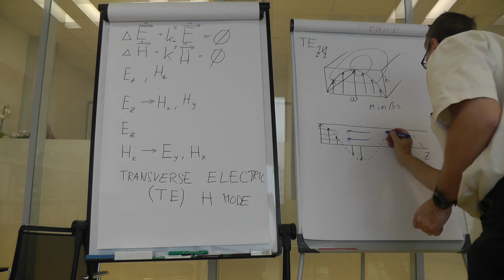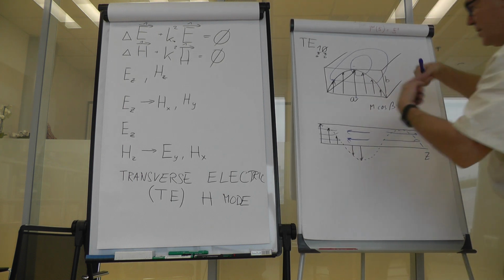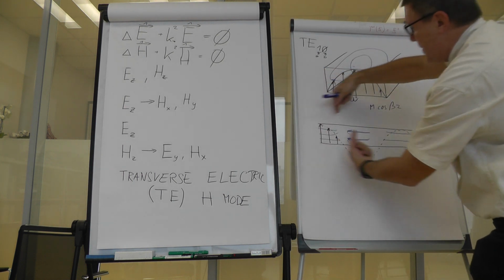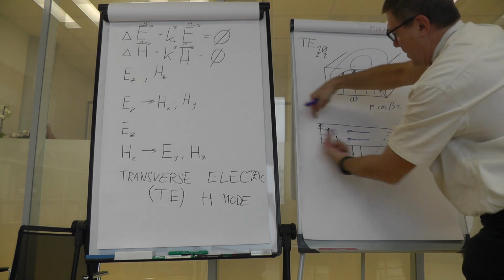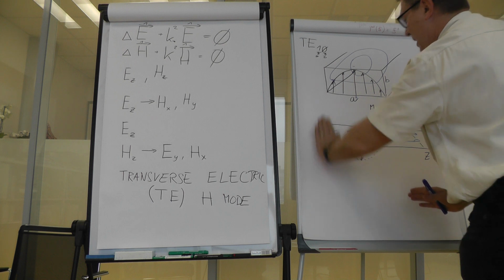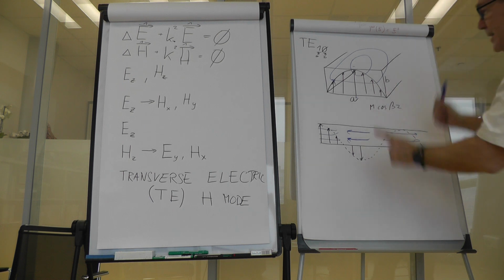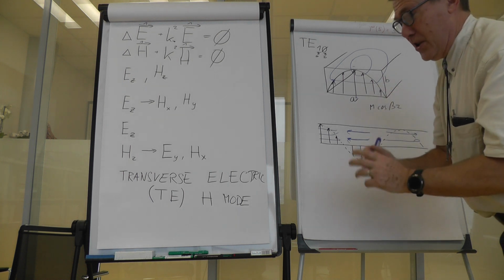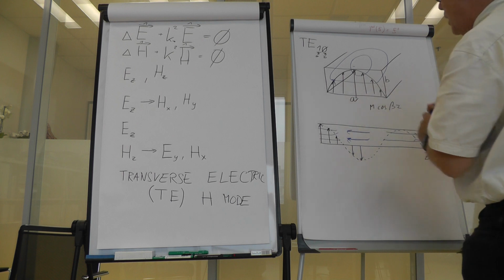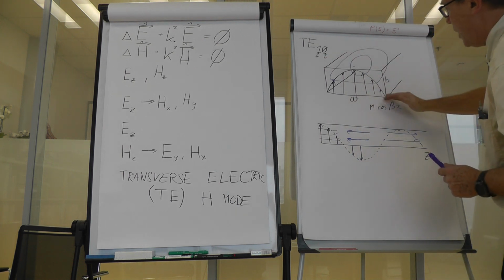And of course it's again in that way here. So there is a set of loops of magnetic field which are connected to electric field strength. And this has the third component, which is electric current flowing on the metallic walls of the waveguide.